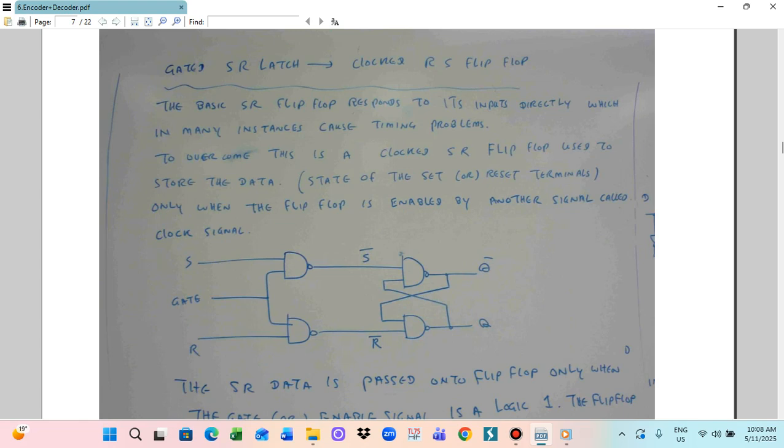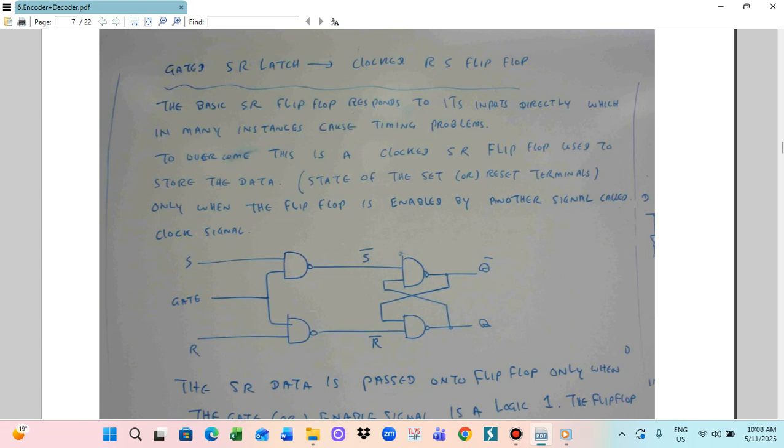So this is what we call the gated SR latch. The gated SR latch is the clocked RS flip-flop. So this one includes the NAND gate SR flip-flop in combination with another 2 NAND gates and the gate connection. So this is the gated SR latch.